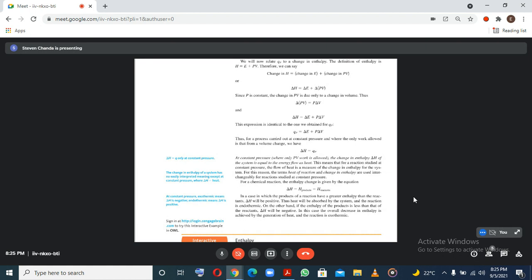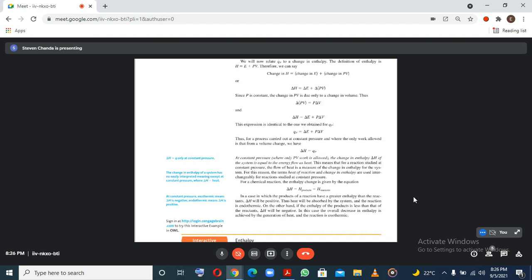Now you realize that what we've derived for the enthalpy change and what we had found for the heat energy at constant pressure is the same.